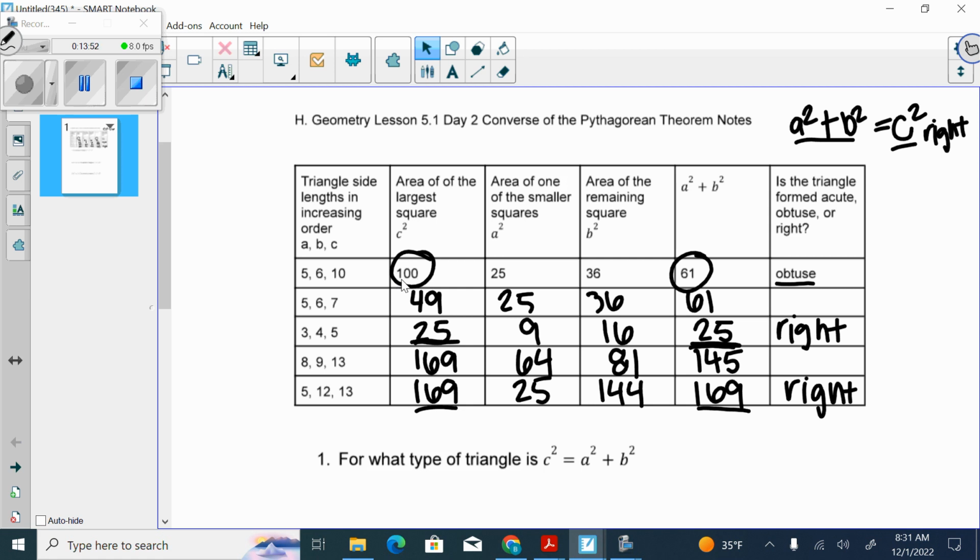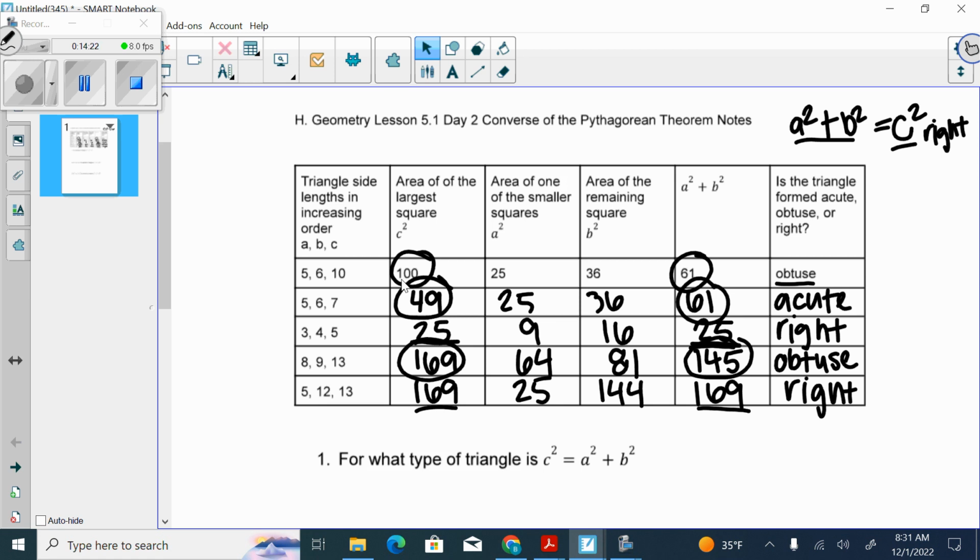Does that happen anywhere else? Yeah, right here, right? So this must also be obtuse. And then the only one we haven't filled in, when we compare those, it's the other way around, right? C squared is less than my A squared plus B squared. So this must mean this case gives us an acute.